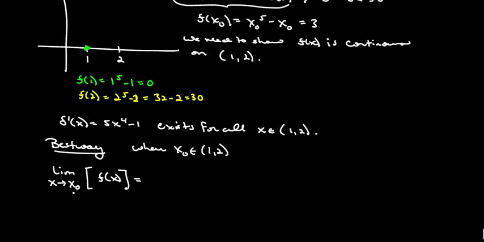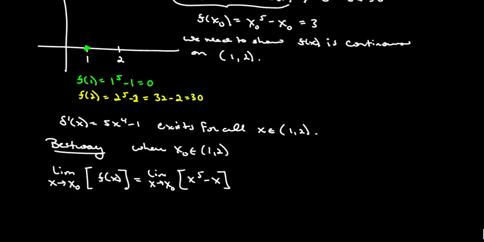Now, f of x doesn't have any points of discontinuity, and that's what we're trying to show here. f of x is equal to x to the fifth minus x.